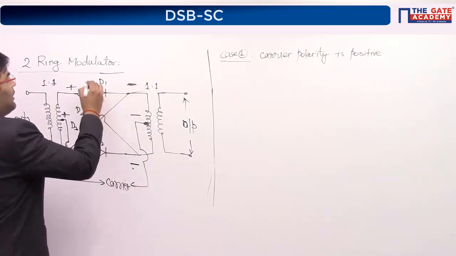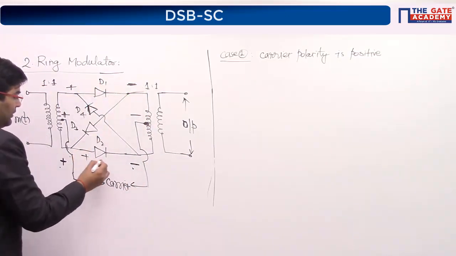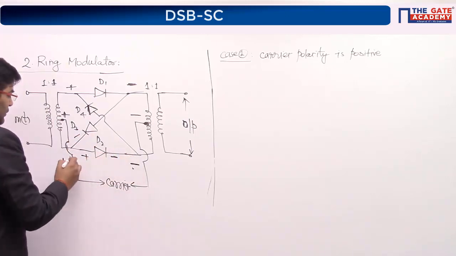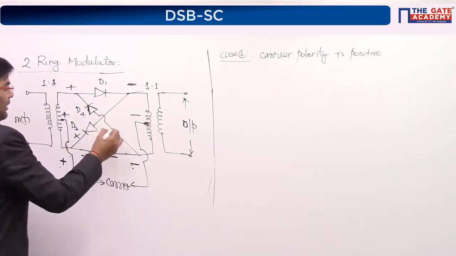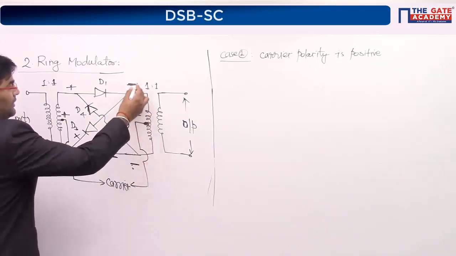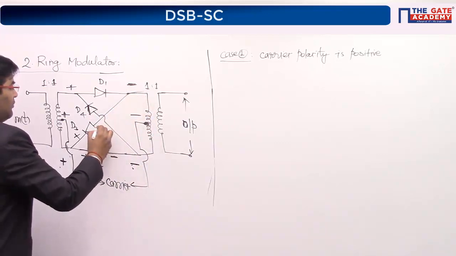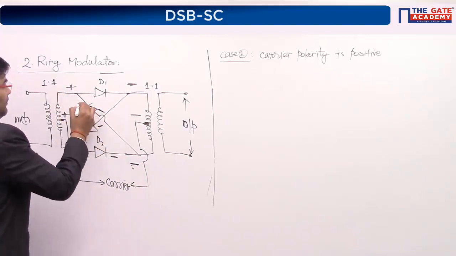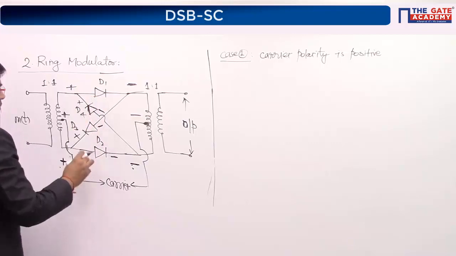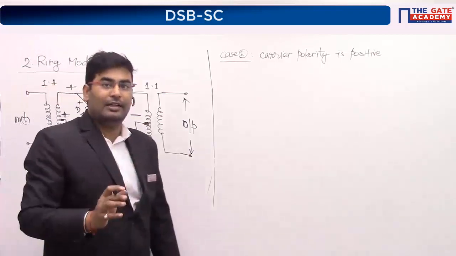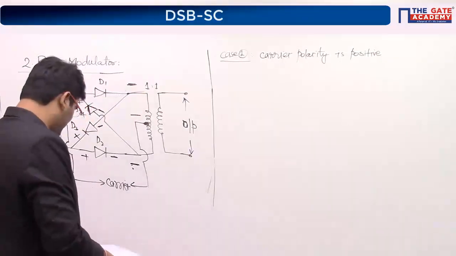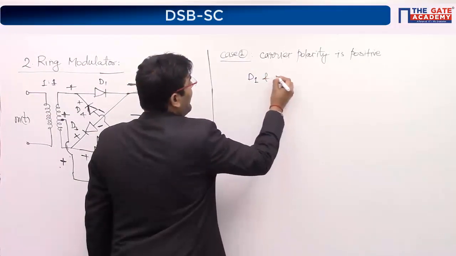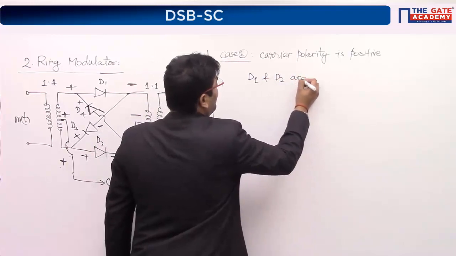Positive, negative: this diode is forward biased, this diode is also forward biased, but this is negative and this is positive, and this is coming as negative, right? This is coming as negative and this is coming as positive. So diodes D1 and D2 are forward biased, diodes D3 and D4 are reverse biased. No confusion.